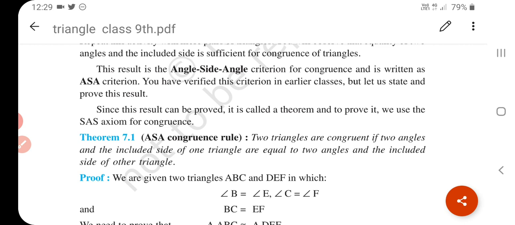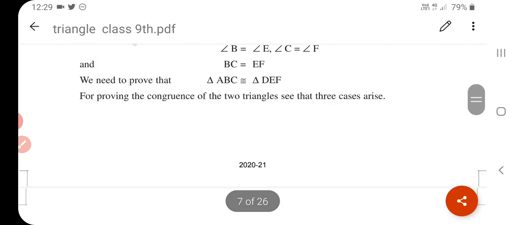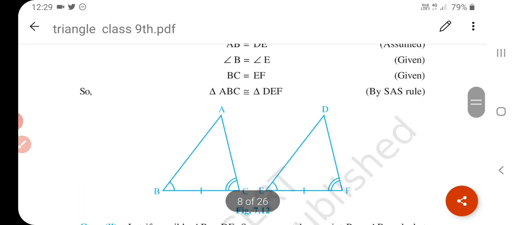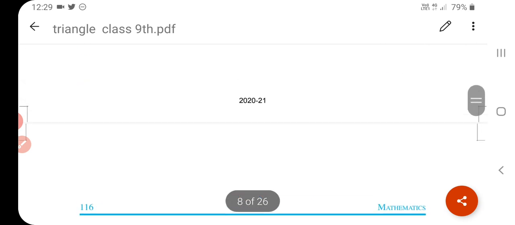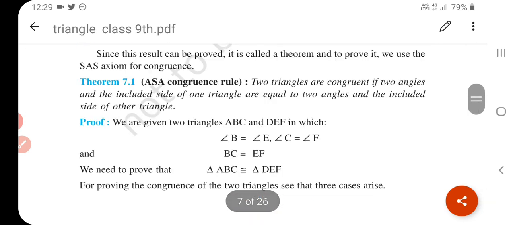Now if we want to prove this rule, what do we see? We are given two triangles ABC and DEF in which angle B is equal to angle E, angle C is equal to angle F, and BC is equal to EF. Then we need to prove triangle ABC is congruent to triangle DEF.